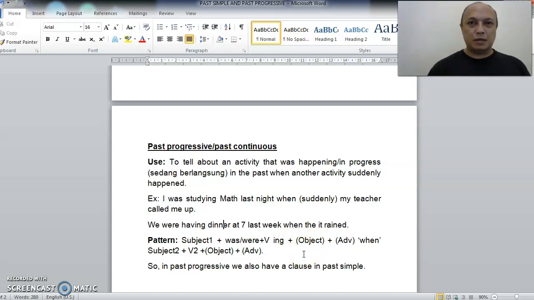Now that's what I mean by a combination of past progressive and past simple. When you make a past progressive sentence, usually you will have to write another clause in past simple.